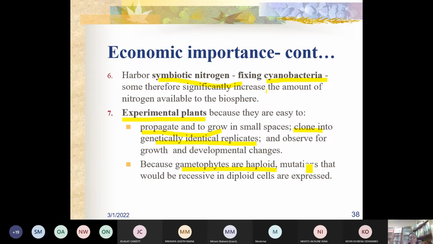So if a mutation happens in one chromosome, you will see immediately what the phenotype will be, which is difficult for diploid plants because the other chromosome, its counterpart, can mask the mutation, so you don't see the effect. But because they are haploid, you will see whatever genetic alterations have happened in the phenotype.